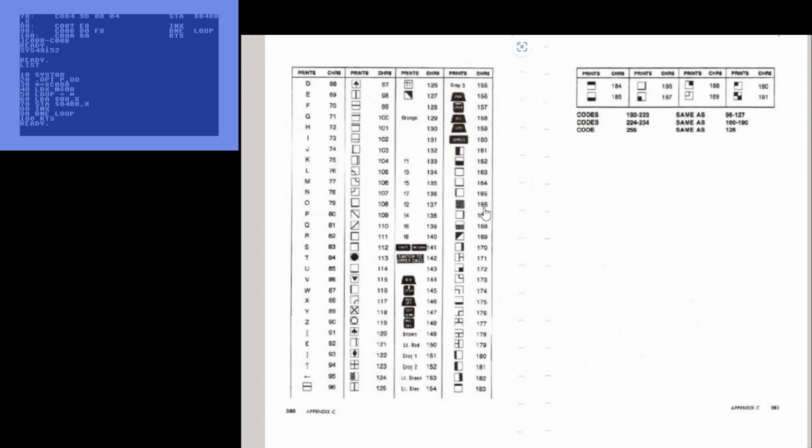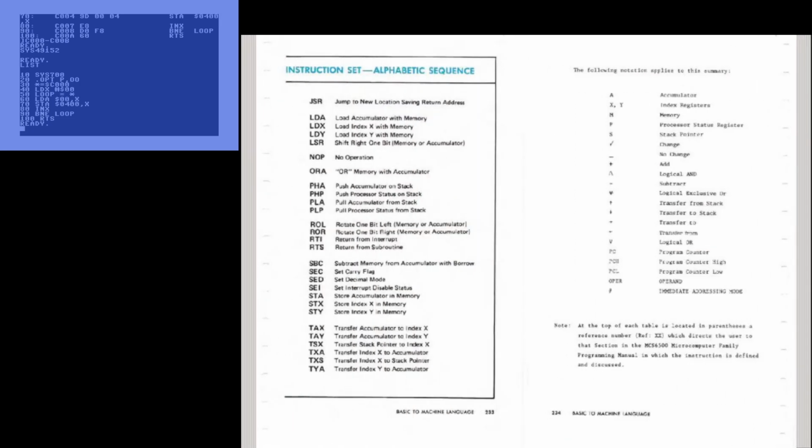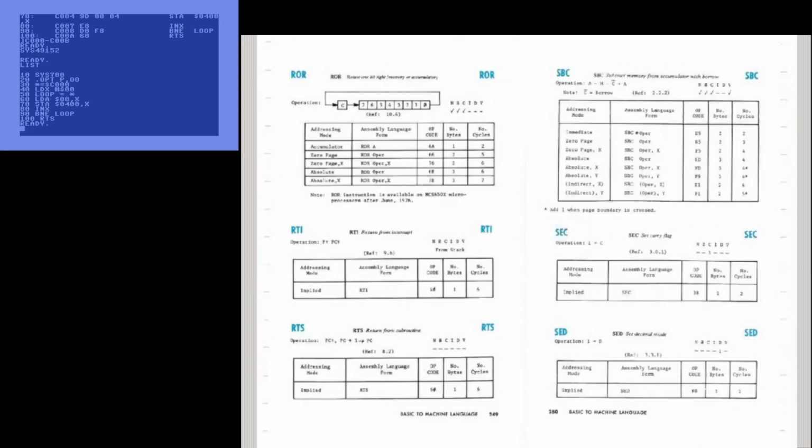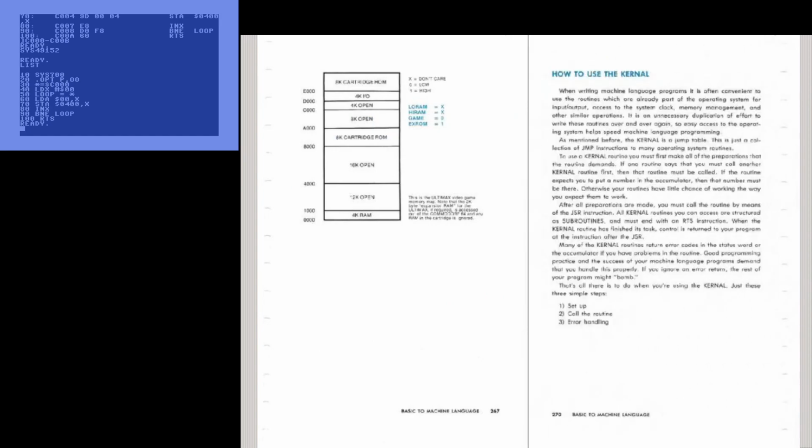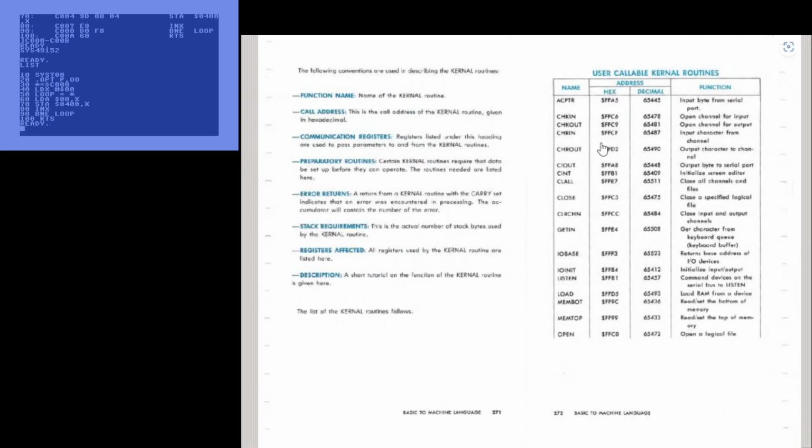We're just going to use that value. So I see here that I need to send the character 147 out to the screen. And what I should have got while I was back here is the location for that kernel call. Here we go, character out, FFD2.